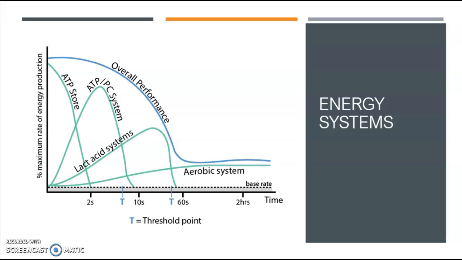The lactic acid system has the ability to release energy in order to resynthesize ATP without any input of oxygen, and therefore this process is called anaerobic glycolysis. Glycolysis means the breakdown of carbohydrates, causing the formation and build-up of pyruvic acid and hydrogen ions.